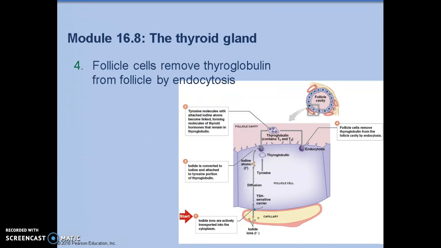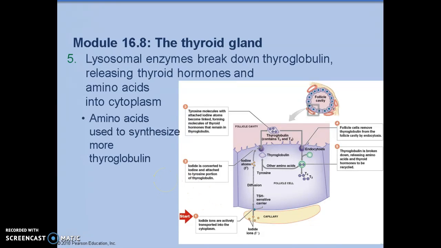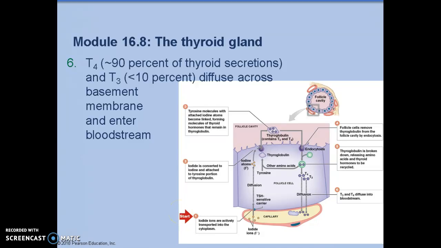The follicle cells remove the thyroglobulin from the follicles by endocytosis. Lysosomal enzymes break down the thyroglobulin, releasing the thyroid hormones into the cytoplasm. T4 is the most abundant secretion.